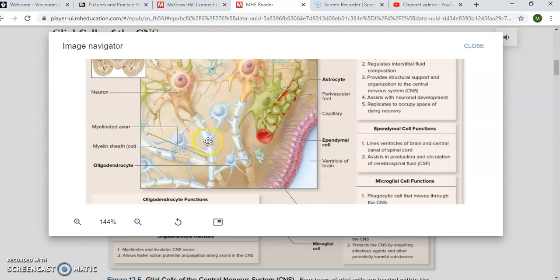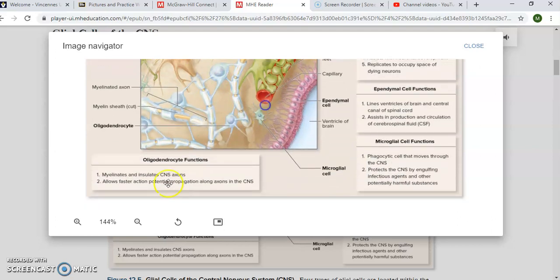So that's the myelin sheath in the CNS, and it's formed by an oligodendrocyte. The function of the oligodendrocytes is to myelinate and insulate. That's the function of myelin, to insulate those axons that are in the central nervous system.